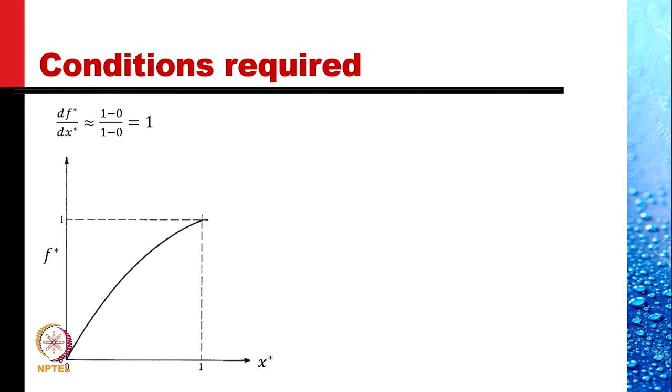Further, look at df star divided by dx star. If the function is well behaved as shown, then df star divided by dx star is approximately equal to 1 everywhere. Similarly, the second derivative of f star with respect to x star would definitely be less than the typical value of df star by dx star, minus 0, divided by 1 minus 0, the range of x star, which is 1.